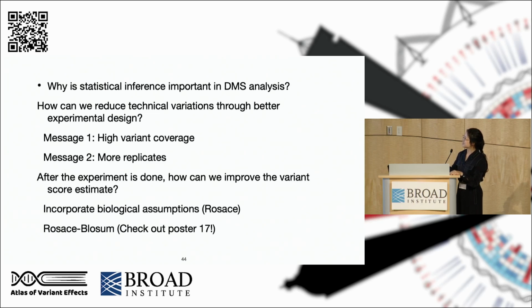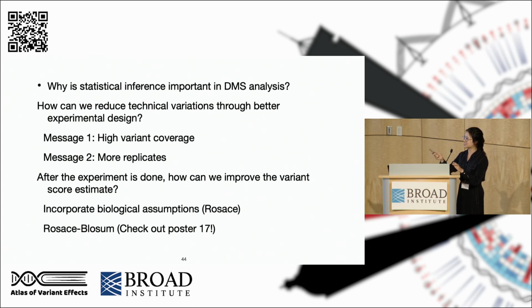Okay. So, conclusion: hopefully I convinced you that statistical inference is important in DMS analysis. Just pick your favorite DMS tool to use, not some naive method. Hopefully it's Rosace, but I know it's too much. And how can we reduce technical variations through better experiment design?